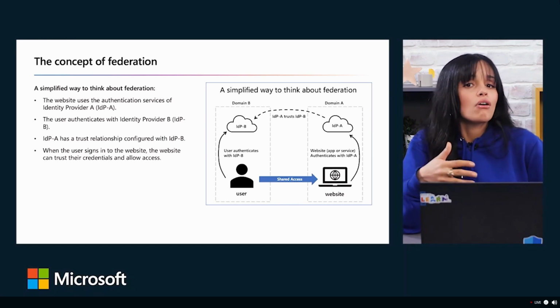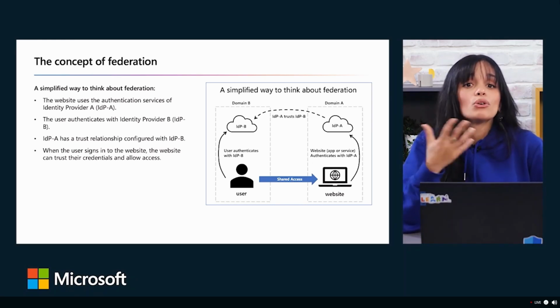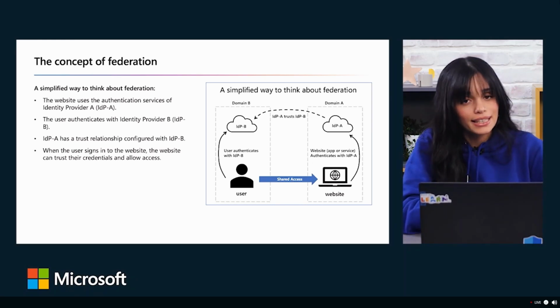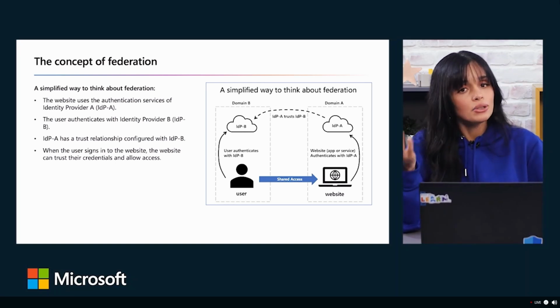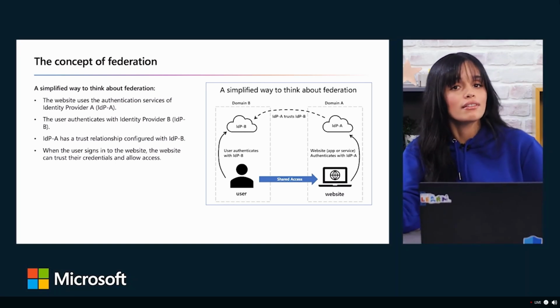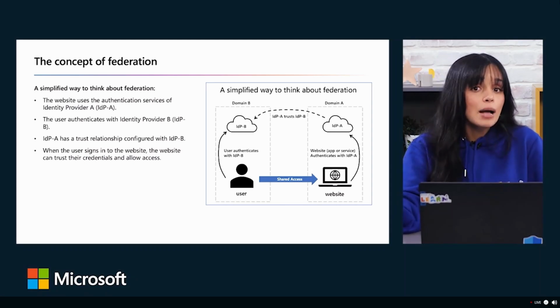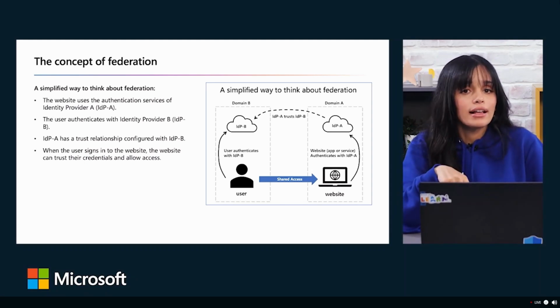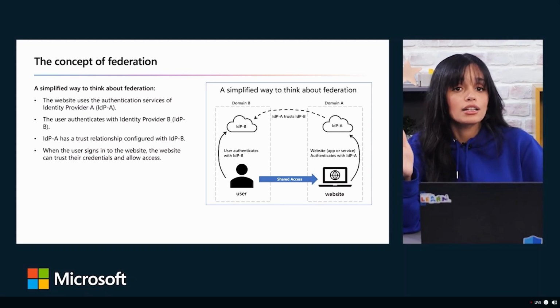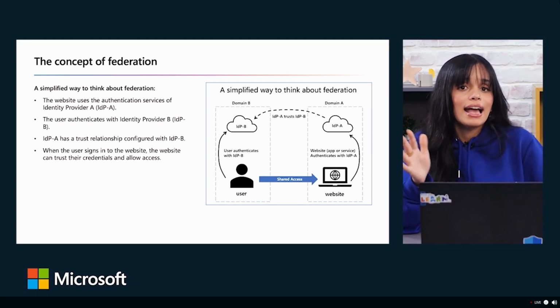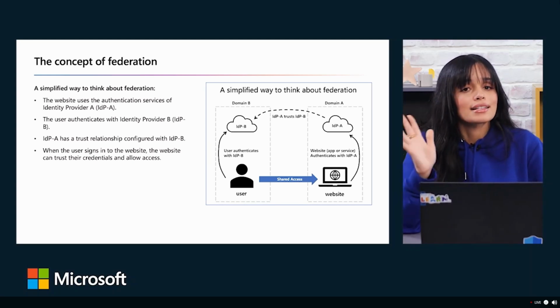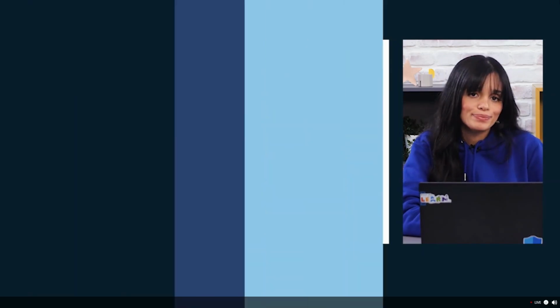Because that user already has a relationship built with identity provider B, it will simply generate a token to say, yes, I know this user, let this user in. Once it's happy with that, identity provider A will send a token back to the website saying, yes, we can allow this user in, and it will allow it to access the service.